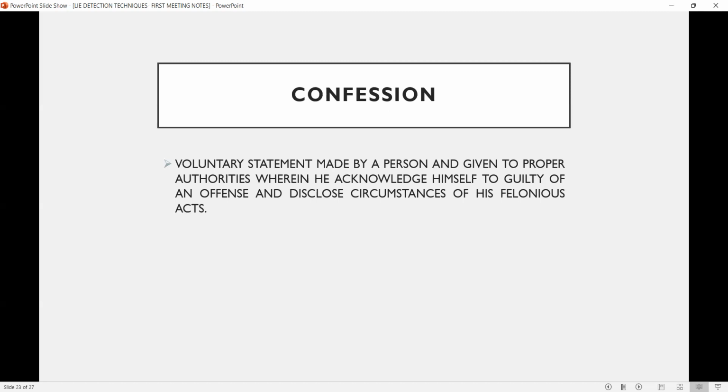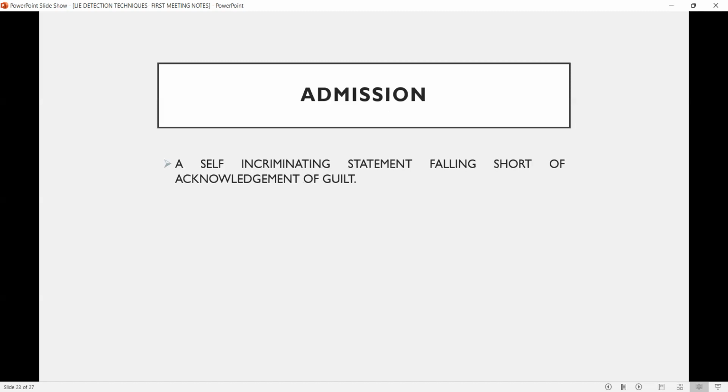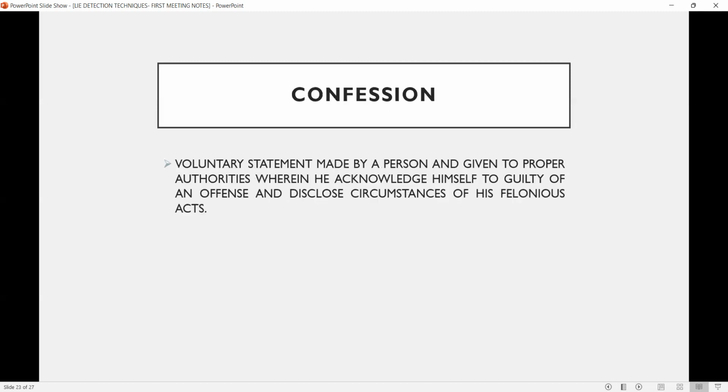Like siya mo'y gapatay, siya mo'y ga-rape, etc. Iyang gi-disclose tanang circumstances, giunsa niya pagpatay, giunsa niya pag-rape, asa niya gitago tong iyang evidence. So that's confession. Admission, self-incriminating statement: part ka sa crime, but dili ikaw gyud ang nag-commit. Pero wala ka ni angkon.